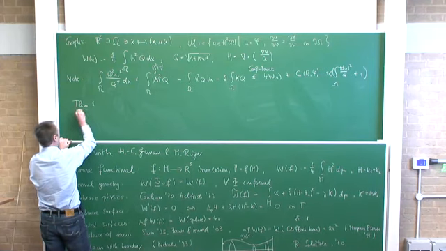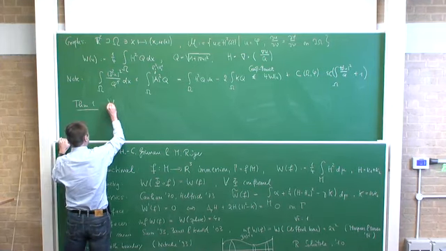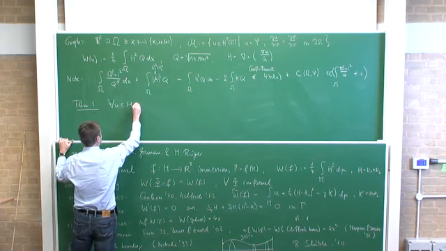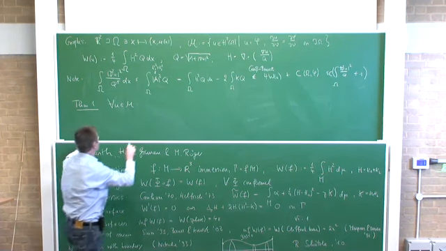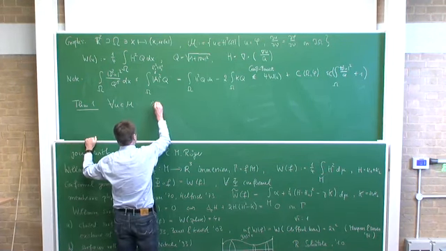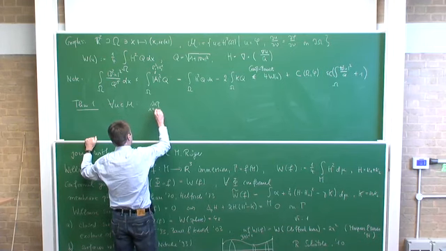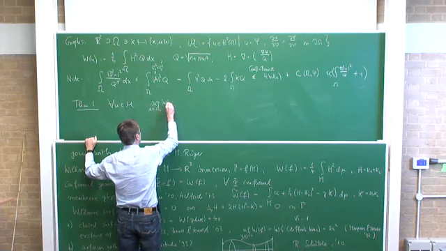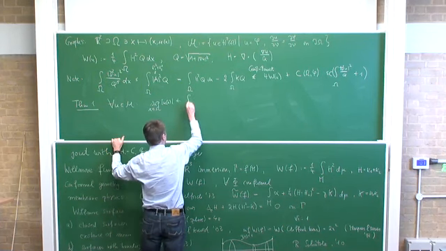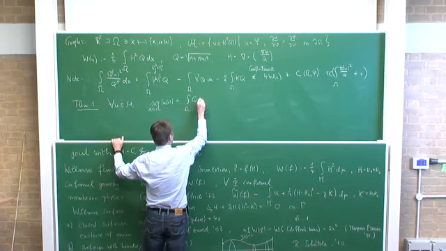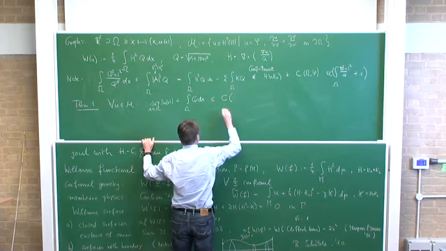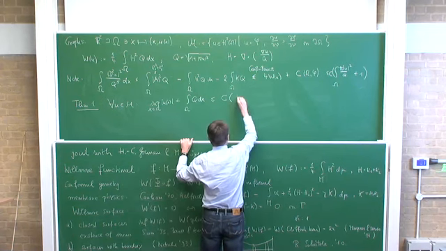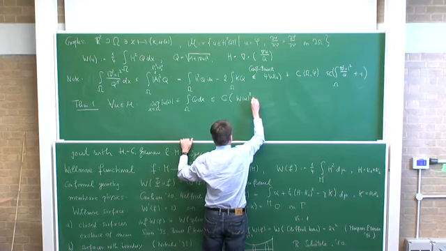I call this theorem 1. For all u in the domain of definition M, we can prove that the supremum over x in omega, plus the integral over omega of q dx, is bounded by a constant times W squared plus 1.